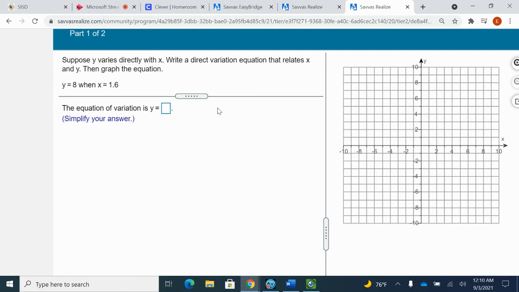Notice I'm given the fact that y varies directly with x, and I'm given the point: y is 8 when x is 1.6. So I'm going to first write down my points: y equals 8 when x equals 1.6.